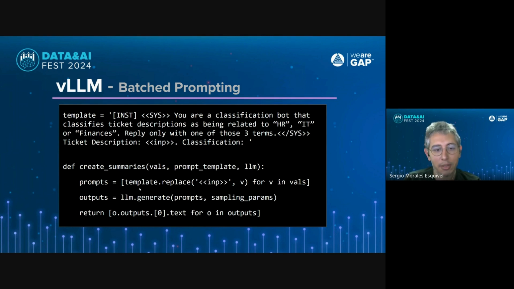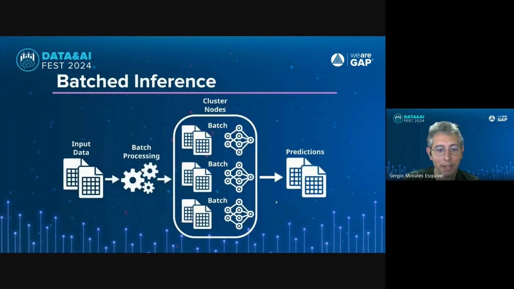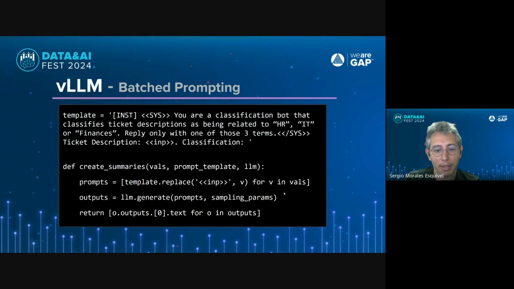And I'm going to create longer prompts by replacing this input that I specified within my template text with each value within the values input. And then I'm going to generate with all of the prompts. You can see that this is a list, and this is going to automatically do that batched inference for us. And in the end, we can just return the outputs.